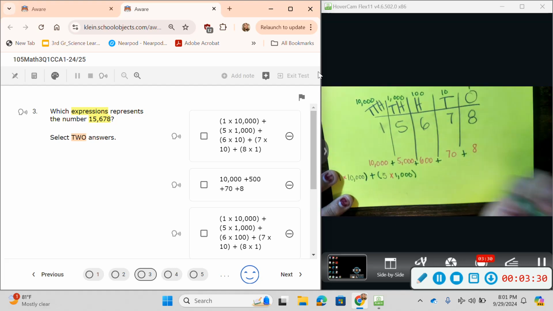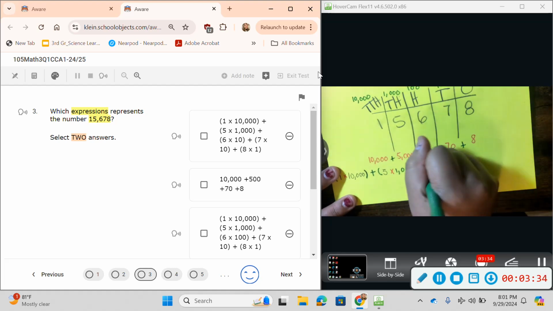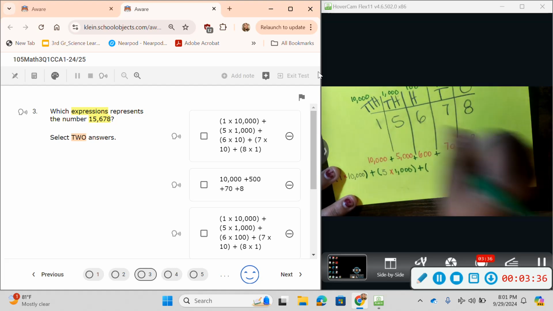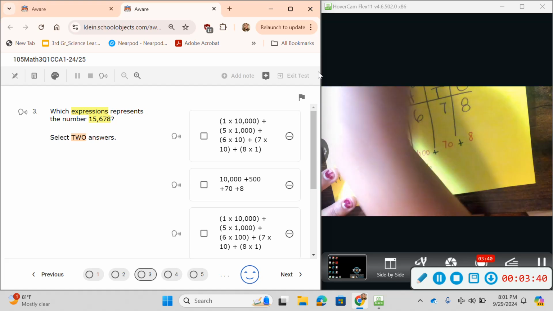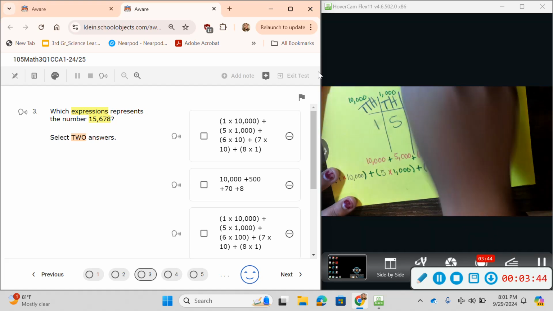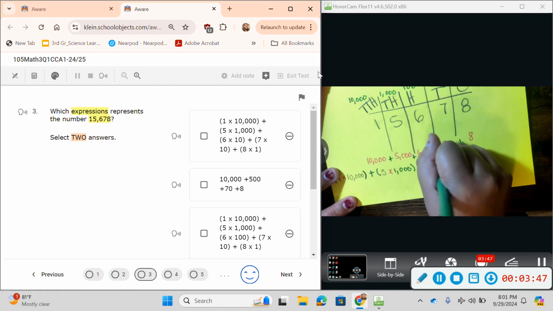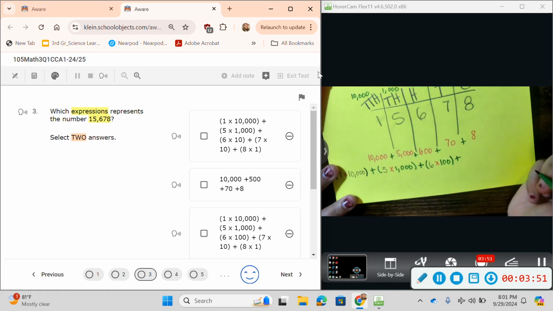Then we close the parentheses. To start the next, we put a plus, parentheses, digit, we have the digit 6, multiplied by the place value of 100, close parentheses, and we put a plus sign.